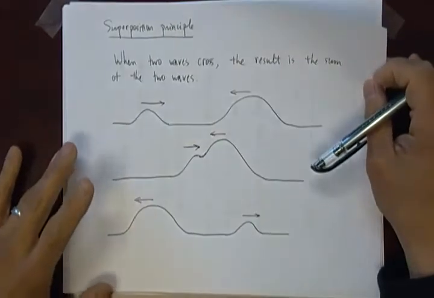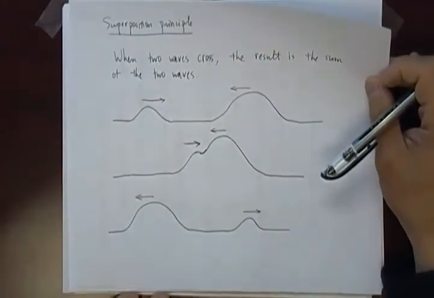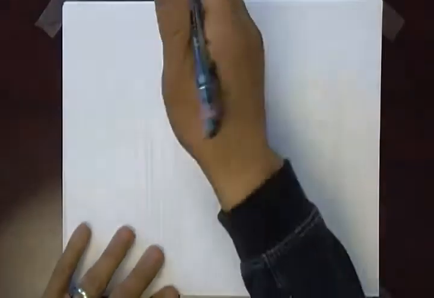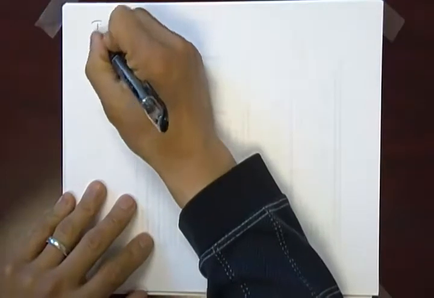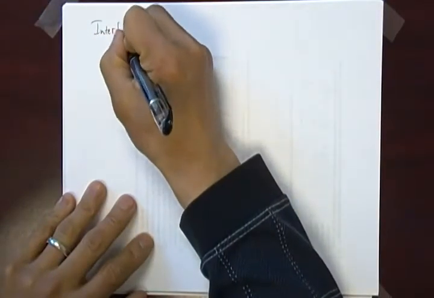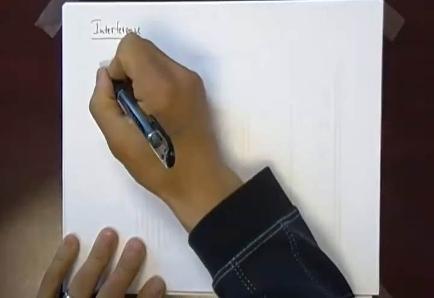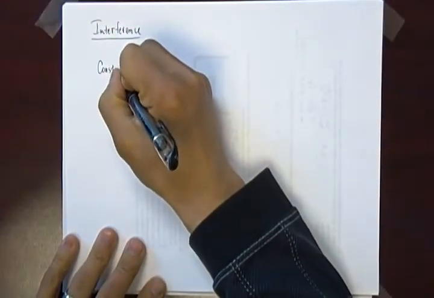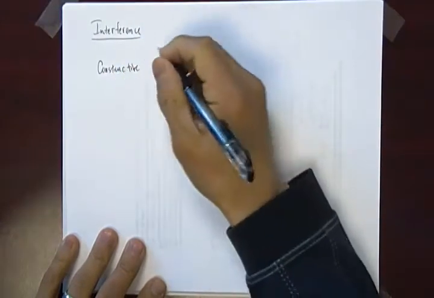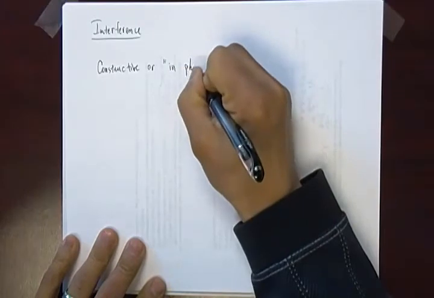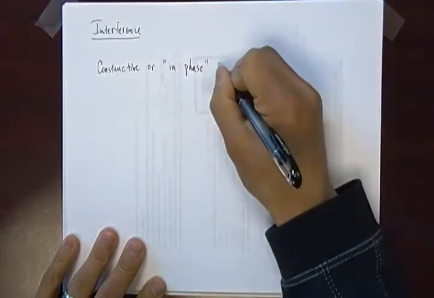Now that we know that you can add waves together, it's useful to talk about the concept of interference. Interference will be something we'll be talking about quite a bit throughout the rest of this course. The first type of interference we'll talk about is constructive, or in-phase, interference.